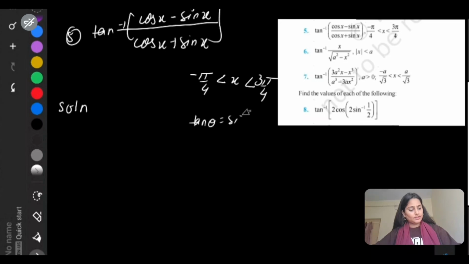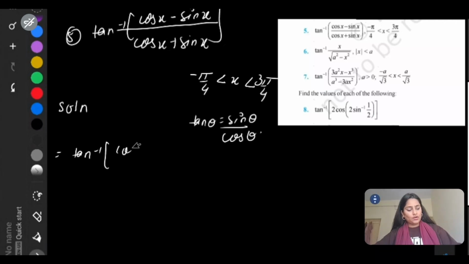Tan theta is equal to sin theta upon cos theta. So here we'll write tan inverse, and we'll divide numerator and denominator by cos x so that we can convert into the form of tan.